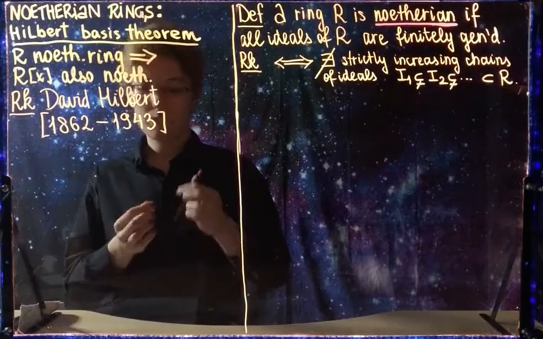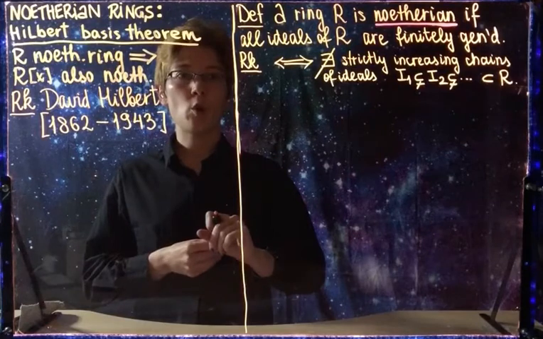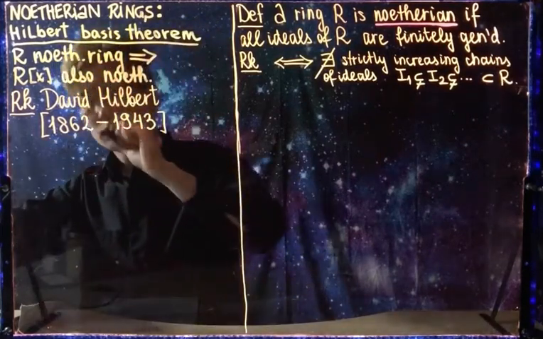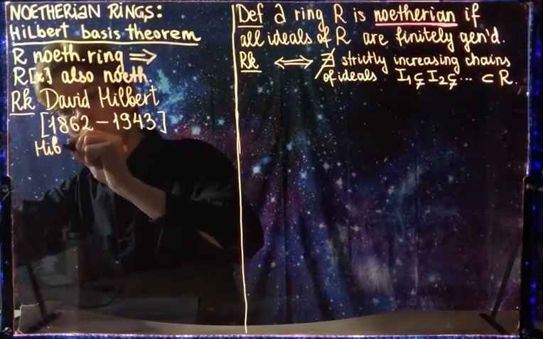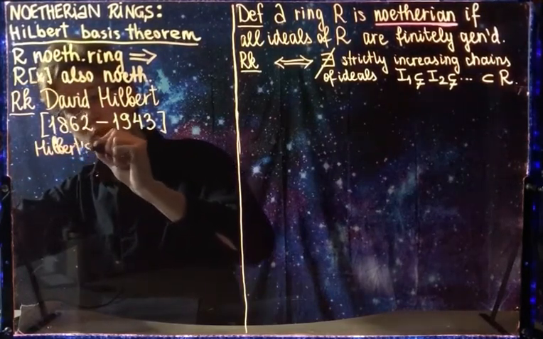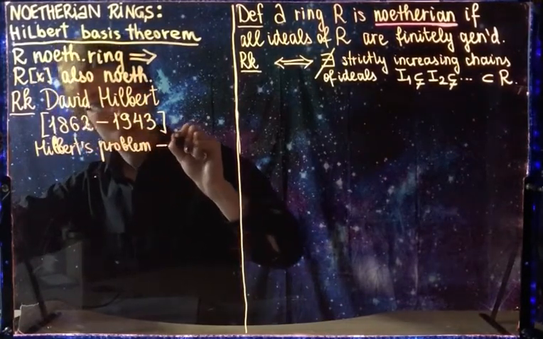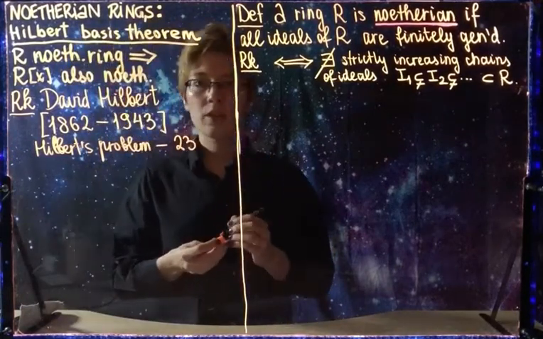And he's famous for creating the list of open problems in mathematics, which proved to be very influential. It is called Hilbert's problems. And there were 23 of them, of which 8 are solved.